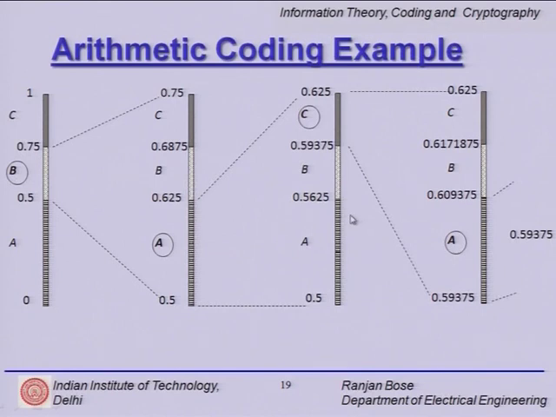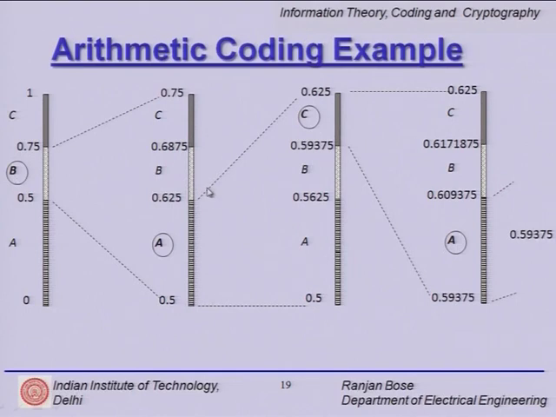Nowhere at any stage are we putting a restriction on the self information being matched to the actual number of bits, because nobody is talking about bits. Bits will come at the end. So it will come out to be a winner as compared to Huffman coding.